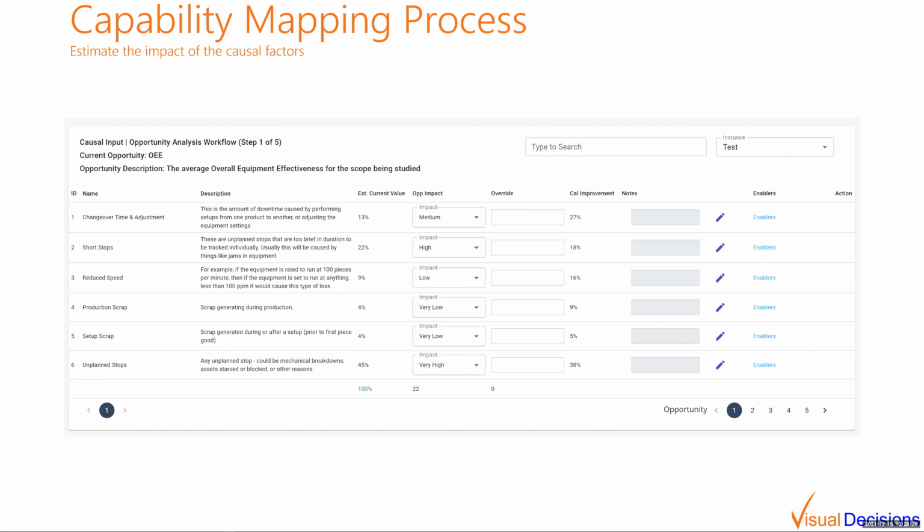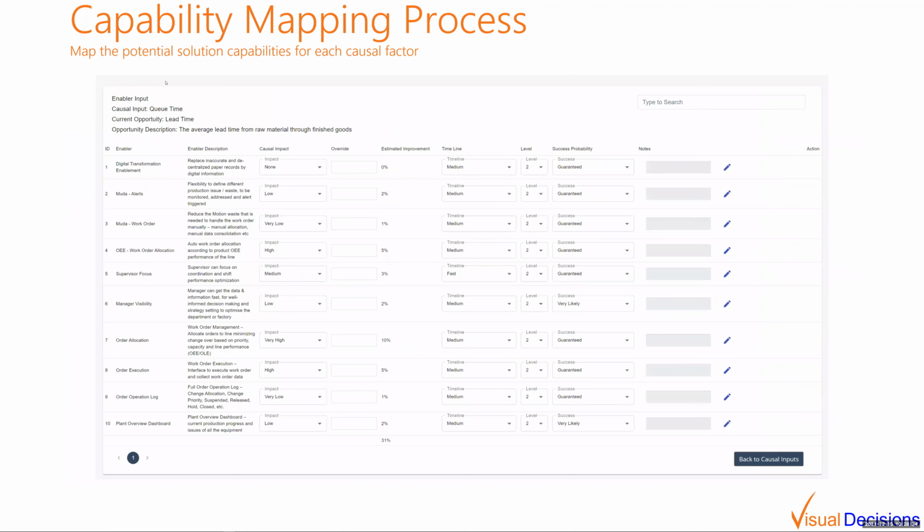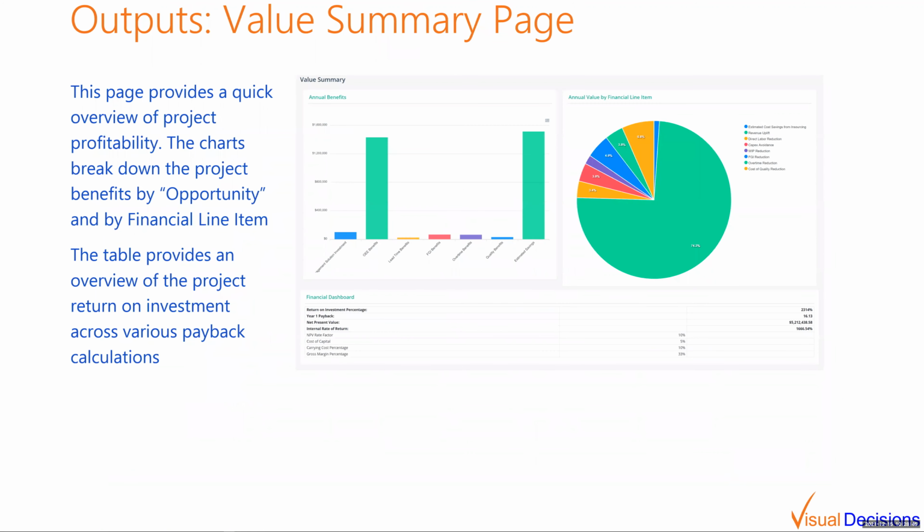It has a nicely defined workflow, allows us to get through that interview process with the different constituents very quickly, allows us to do that capability mapping to those root causes, and then allows us to look at what are the outputs from that.